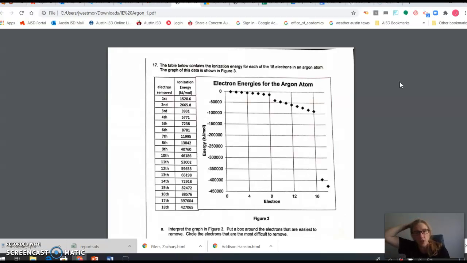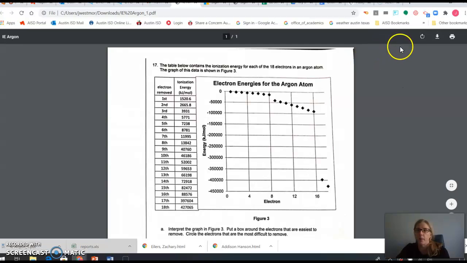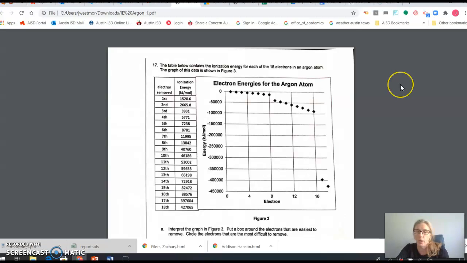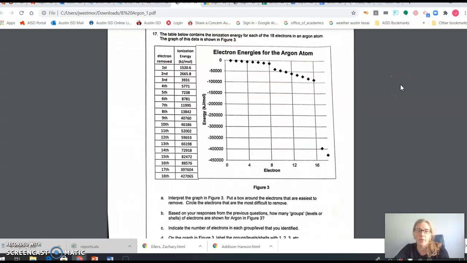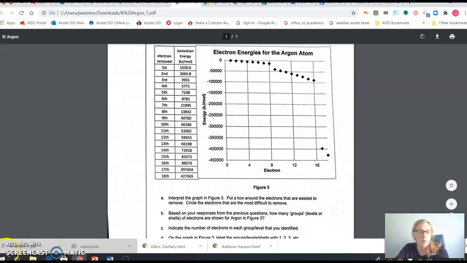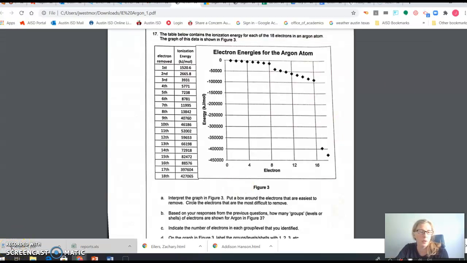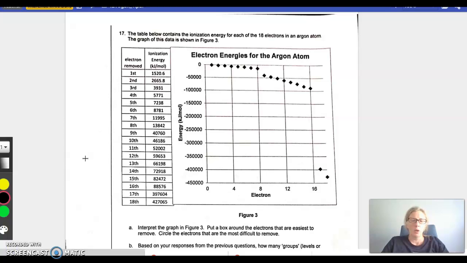So there are some questions here that I'm going to attempt to explain, showing you the information on the graph. First we're interpreting the graph. The first question asks us to put a box around the electrons that are easiest to remove and circle the electrons that are most difficult to remove.